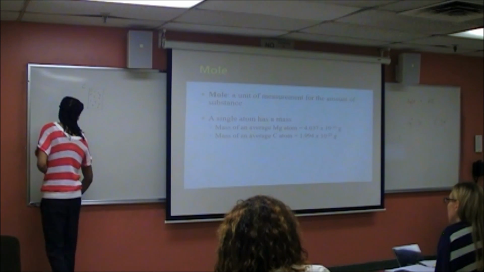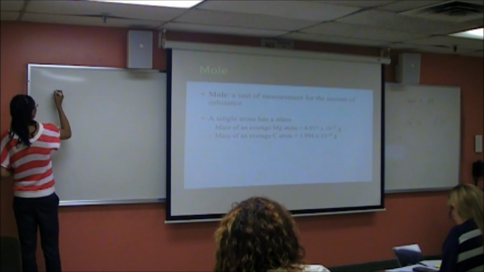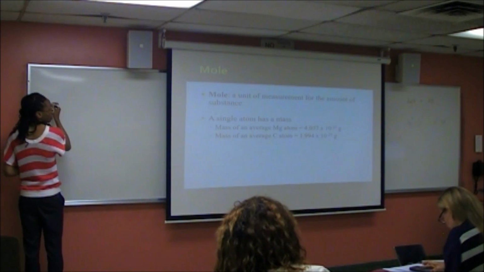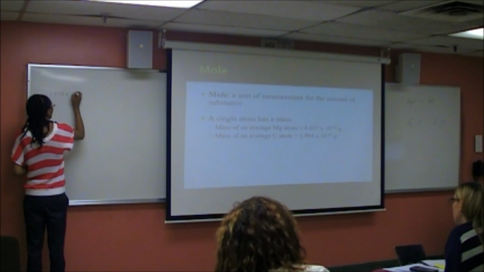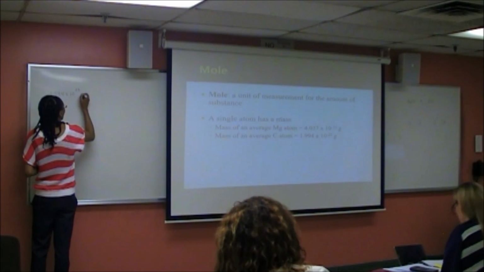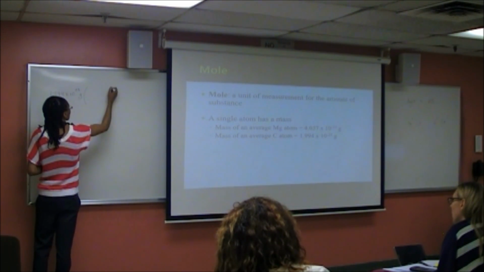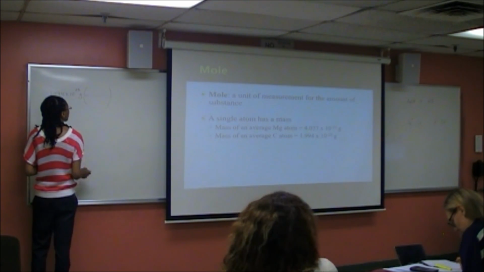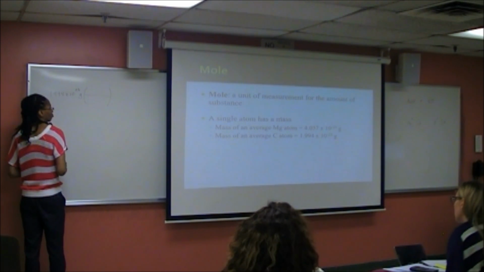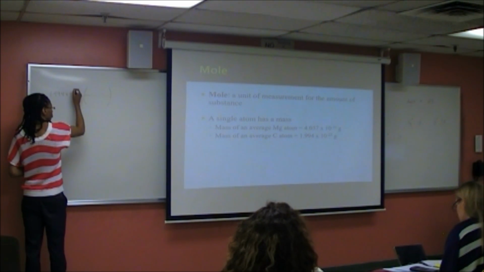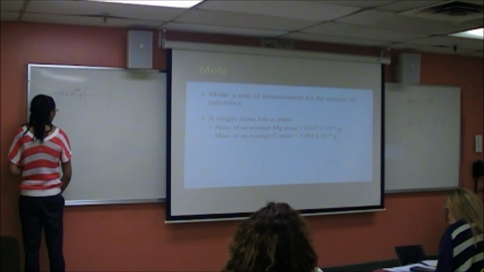What do we do? 1.994 times 10 to the negative 23, and don't forget my grams. 12.011 on the top. That's negative 23? Oh.